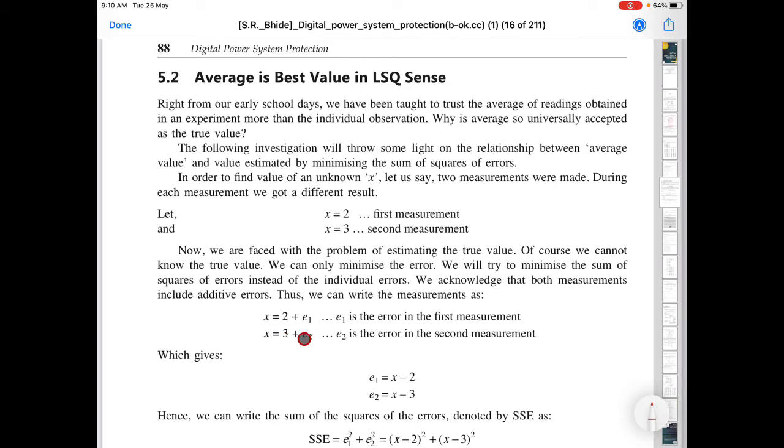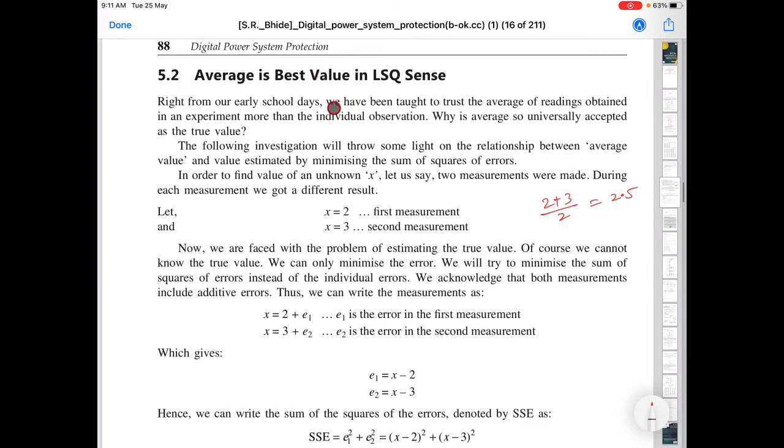So what we do is take an average of 2 plus 3, the total number of samples is 2, so it is 2.5. We know the nature of error, so we can calculate it. That is the advantage. That is the only method by which we can find the error.